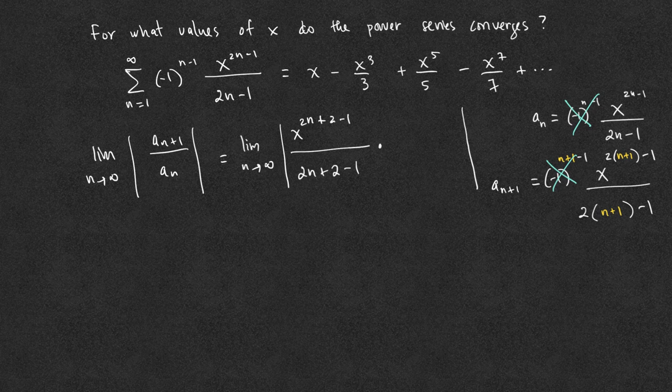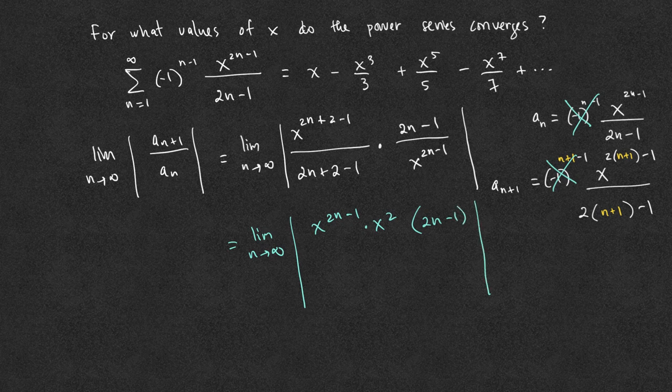But the reciprocal of a sub n is 2n minus 1 over x to the 2n minus 1. We then need to simplify this expression before we can find the limit. The limit as n goes to infinity, the absolute value, x to the 2n minus 1 times x squared times 2n minus 1 in the numerator.